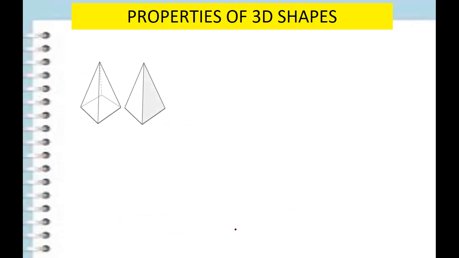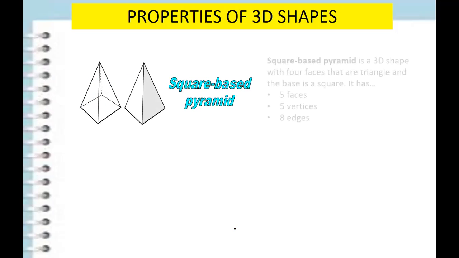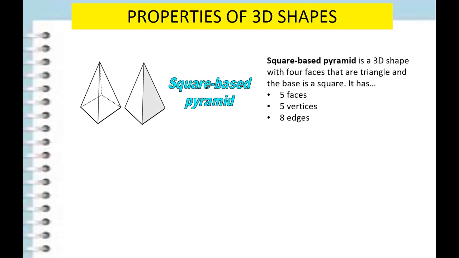Okay, now these are square base pyramids. So this one, let's answer this one and you have to do the rest alone. So faces, 5 faces. Let's check. 1, 2, 3, 4, 5.